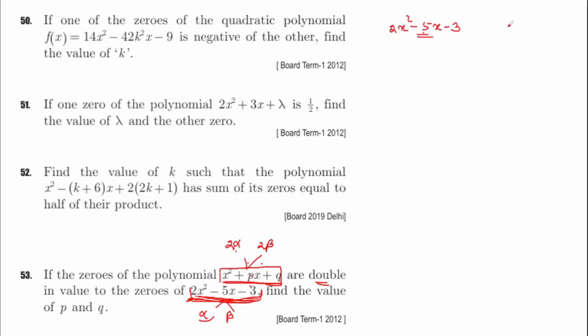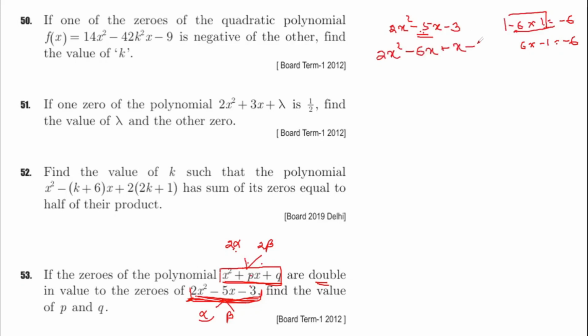Okay. Now product is minus 6. That means you may get 6 into minus 1, that will be minus 6, or you may get 6 into 1. So if you see, when you add these two numbers, that is minus 6 and plus 1, that will give you minus 5. So the numbers are very easy. That is 2x square minus 6x plus 1x.